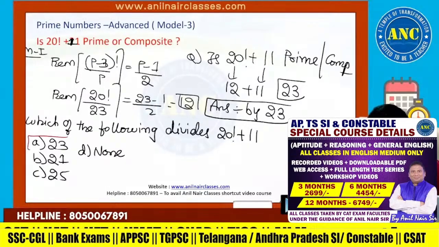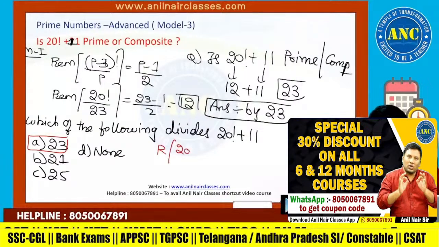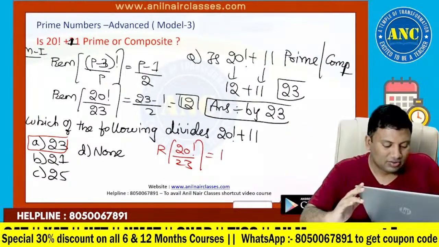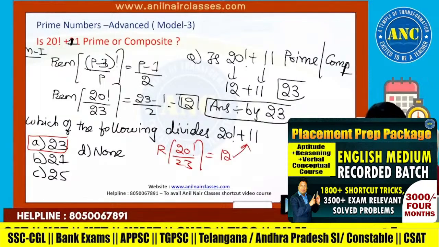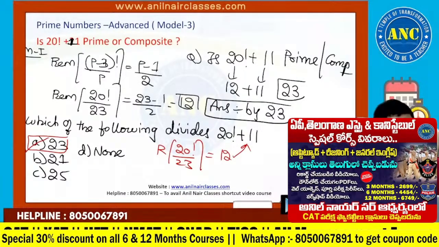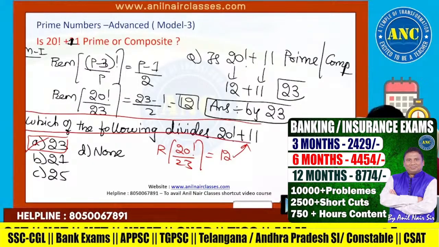Because if I take 23, I will get 20 factorial divided by 23, which is 12. 12 plus 11 is 23. So 23 is perfectly divisible. This is the best way of asking the question, otherwise the question becomes a cakewalk for you.